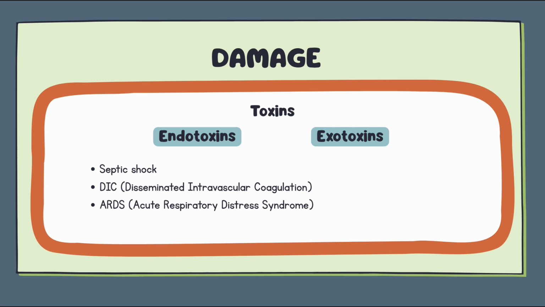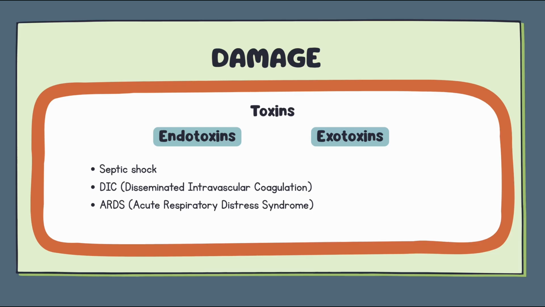DIC, which is disseminated intravascular coagulation, is inflammation that activates the coagulation system. So it leads to several events. It first causes blood clots to form inside blood vessels. So think DIC, C clots. We're going to start by causing clots in the blood vessels.